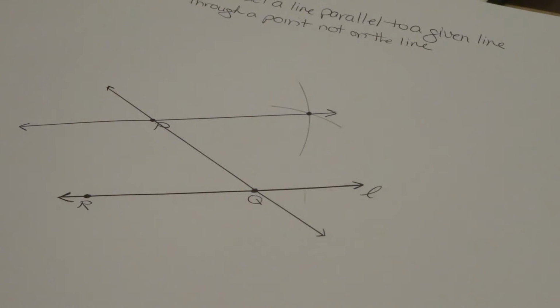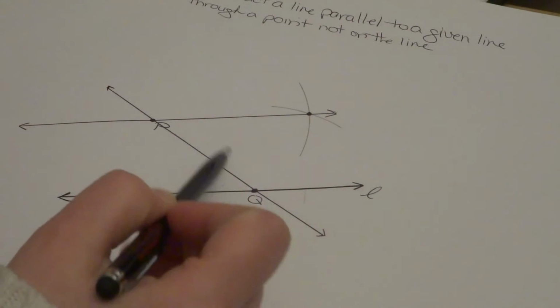Now, you will have a little bit of human error just because of the width of the pen or the pencil and where you put the dot, okay? So it is going to be reasonable that you might have it off by a millimeter, but the idea behind it is still solid.